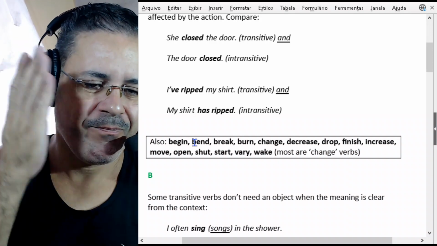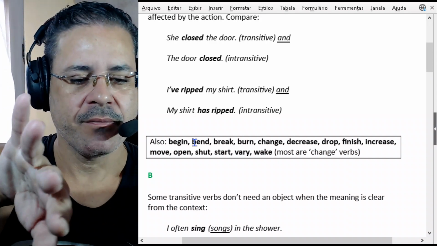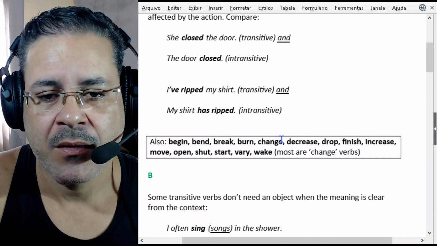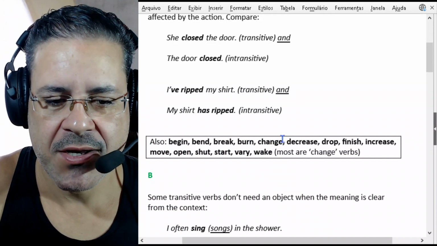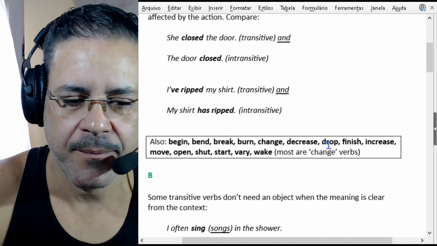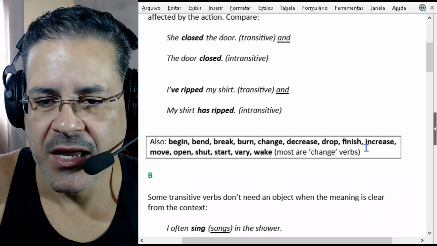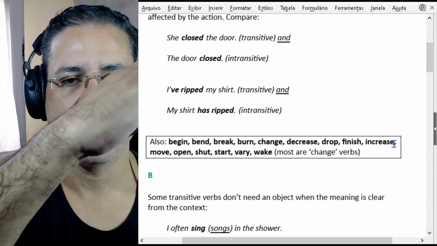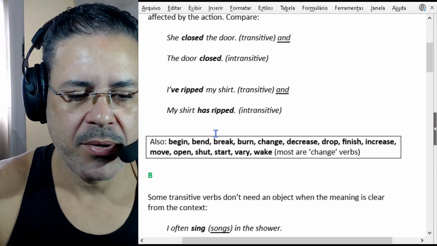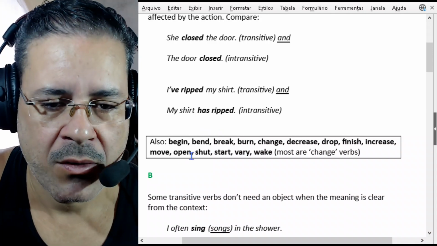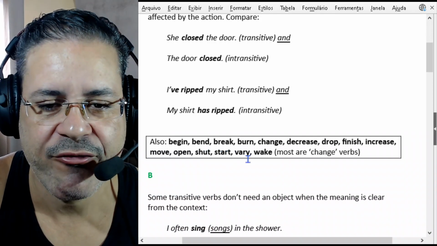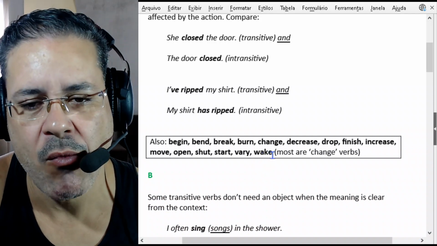We can break, make it apart, break, burn, you might burn through fire, change, decrease, it means to diminish, decrease, drop, like dropping the microphone, finish, to end, increase, to go up, increase, move, you move to one place or another, open, shut, like shut up, shut your mouth, start, to begin, vary, and wake, when you wake up in the morning. Most are change verbs.